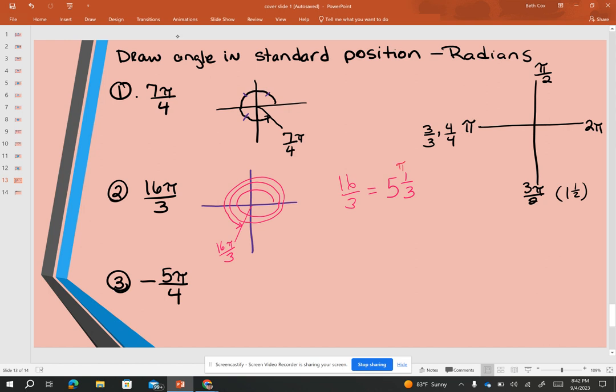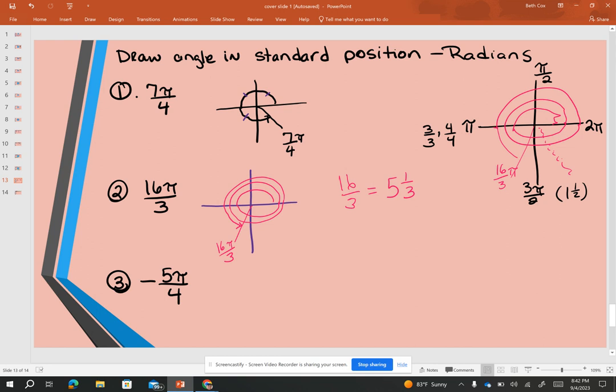That's 5 pi's and then 1/3 pi. So 1, 2, 3, 4, 5, and then 1/3. 1/3 of the way back to the other one. Here we go. 1/3 of the way. So that would be 16/3 pi. It's the same location, just a different way of counting it.